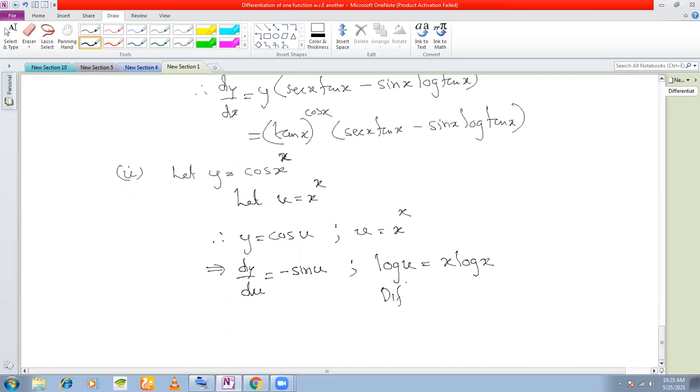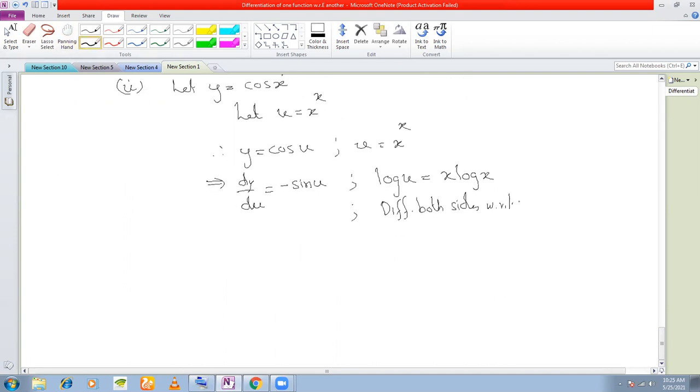Now differentiating both sides with respect to x, you get 1 by u du dx is equal to x into d dx log x, which is 1 by x, plus log x into d dx of x, which is 1. You simply get 1 plus log x.